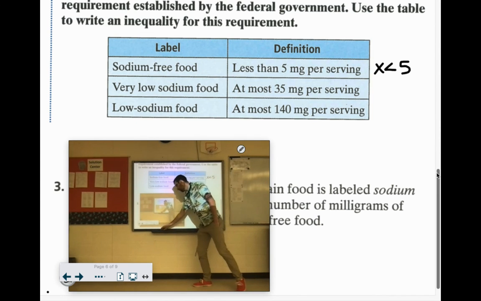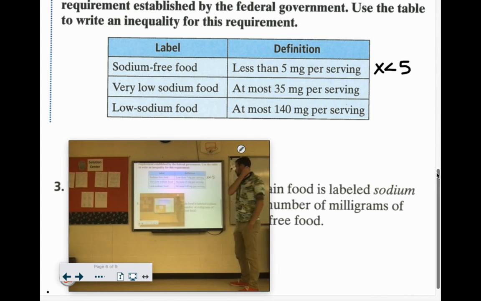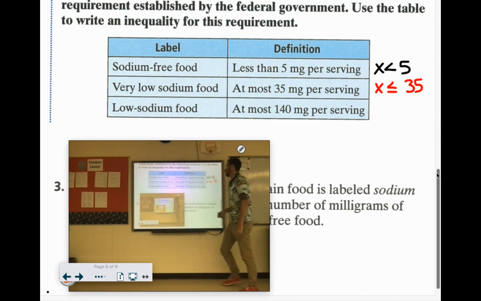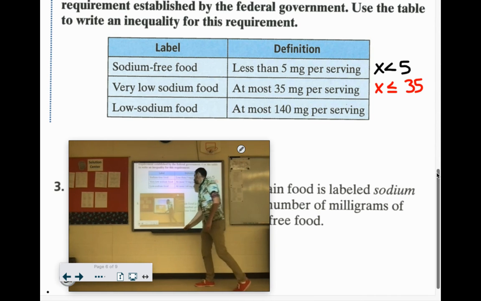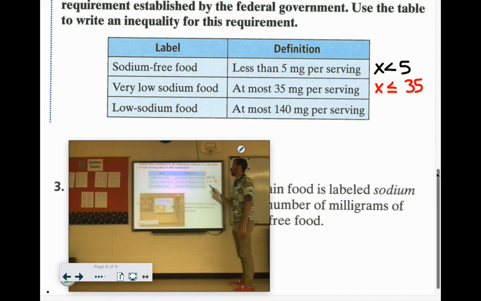Very low sodium would be at most 35 milligrams, so x is less than or equal to 35. And then low sodium food has at most 140 milligrams, so let's say x is less than or equal to 140.